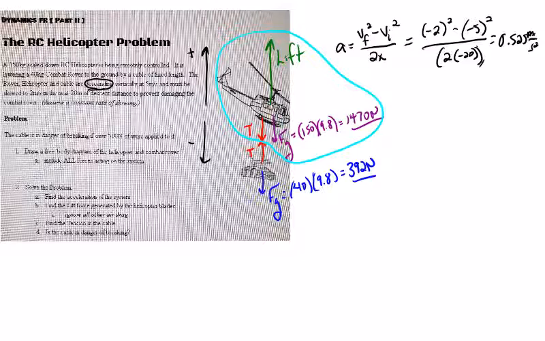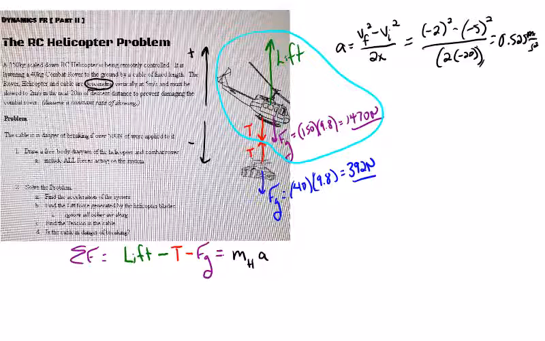For the helicopter, I have the lift force upward, but then I have the tension, which is downward, and I have its force of gravity, which is downward. The sum of all the forces, treating the downward ones as negative, should equal the mass of the helicopter times acceleration.